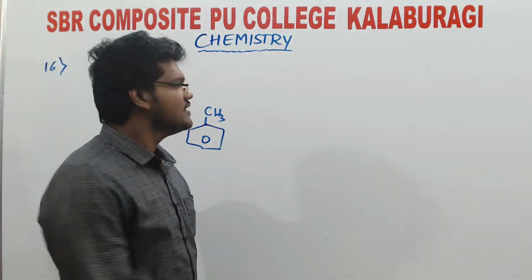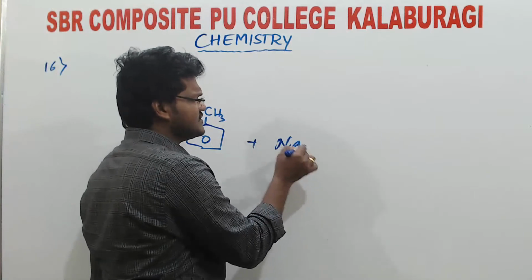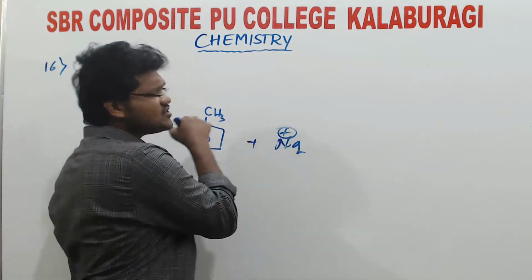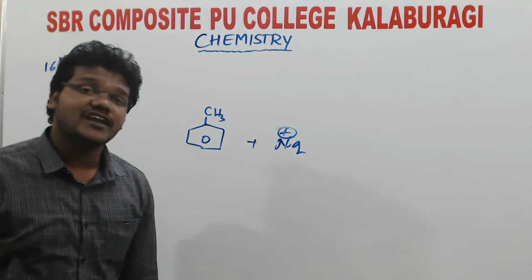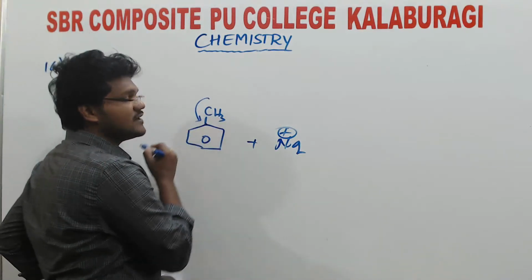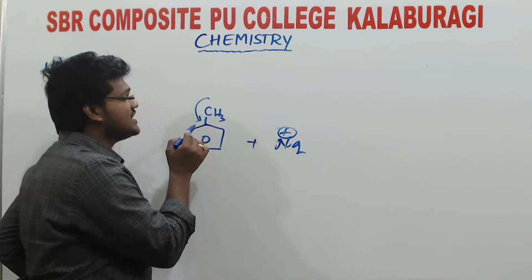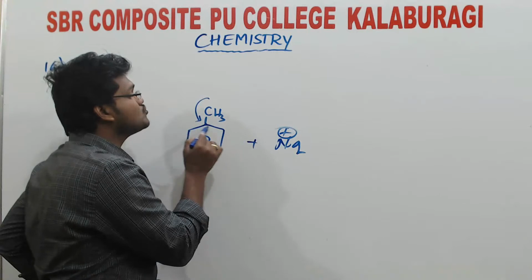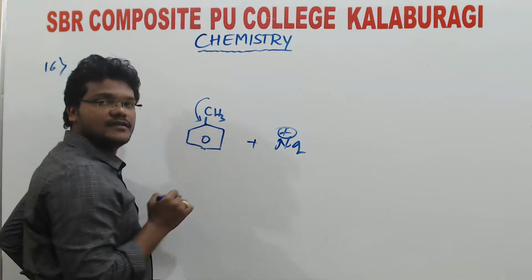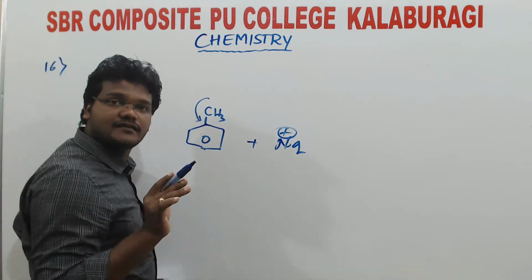NO2 plus has to go and attack toluene. Where will it attack? CH3 is an electron donor. This electron donating group will increase electron density at ortho and para. The meta position will be unaffected.